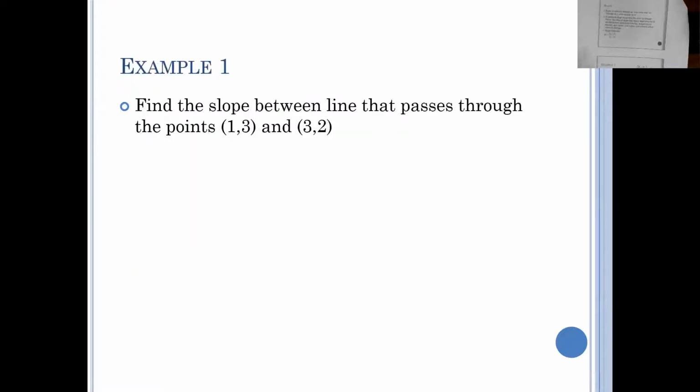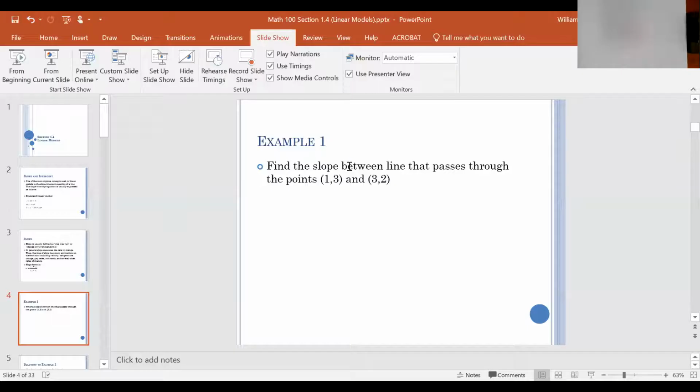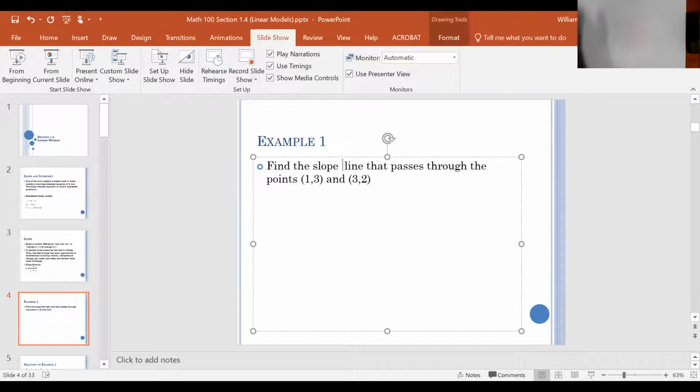So let's look at a specific example, example 1. We're going to find the slope of a line that passes through the points (1, 3) and (3, 2).